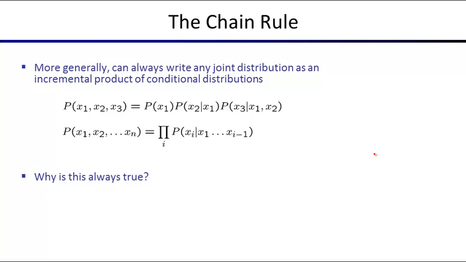Now, you can start doing this with more random variables. The joint distribution for x1, x2, x3 can be written as the marginal for x1, the conditional for x2 given x1, and then the conditional for x3 given x1 and x2. More generally, you can write the joint over n variables, x1 through xn, as the product of conditional distributions of each variable xi given the variables that precede xi.